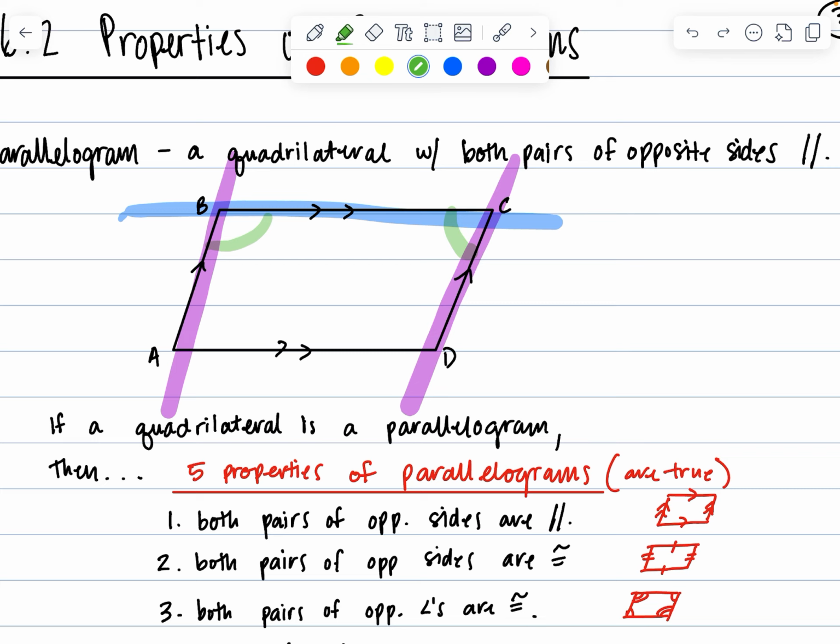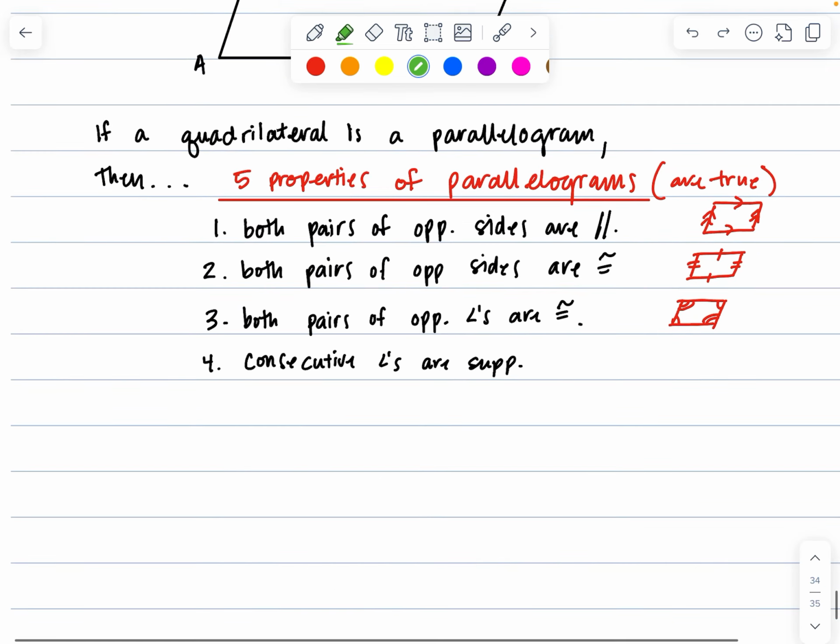So these two would also be supplementary. So all consecutive angles can be supplementary. These would be supplementary, as well as these. And you go all the way around the horn. So I'm going to go ahead and erase all of this.